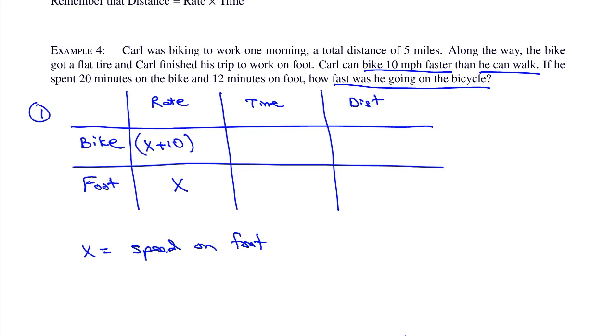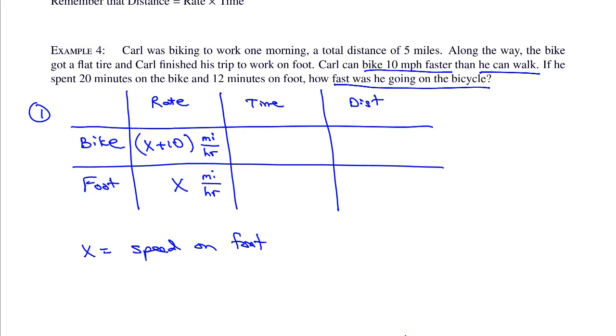Now I'm going to include the units on both of these so that you can see what has to happen here. And I'm going to write it a little strangely. I'm going to write it as miles divided by hours. That's literally what miles per hour means. Anytime you have a rate, you end up with this division type unit, something over something else. Usually, in this case, it's a distance divided by a time.